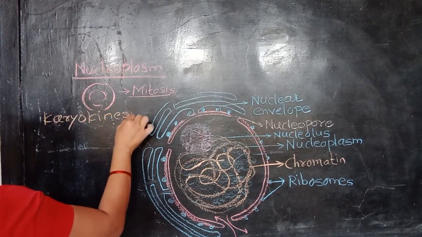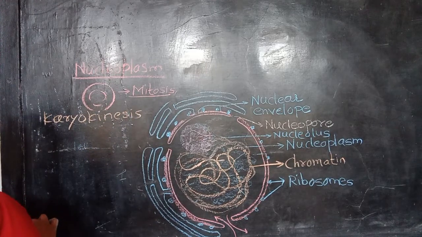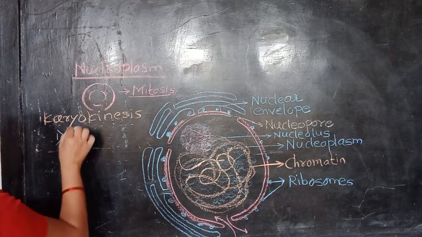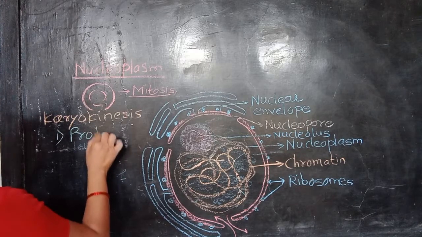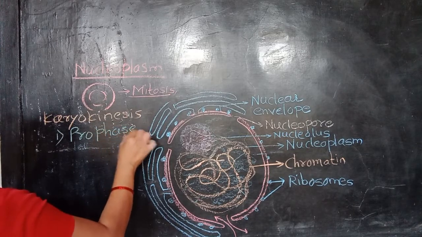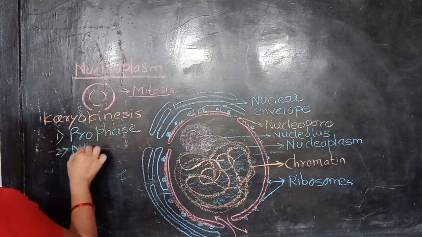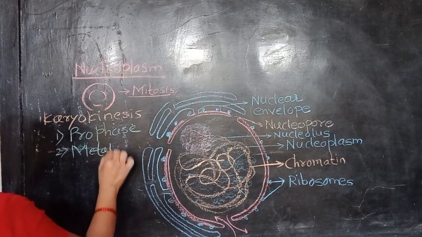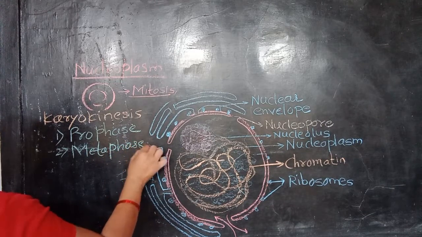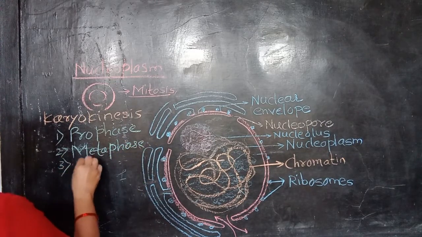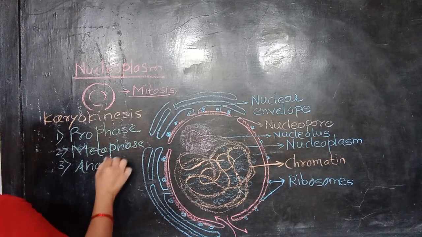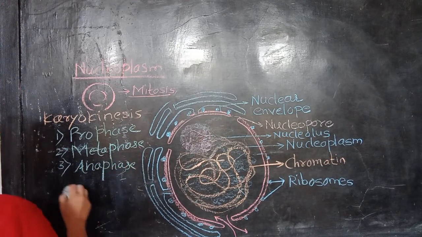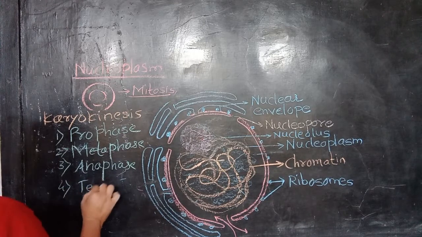In case of mitosis, karyokinesis takes place in four steps: prophase, second is metaphase, third is anaphase, and last is telophase.